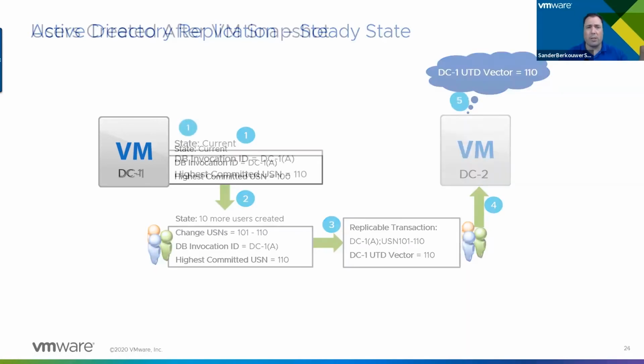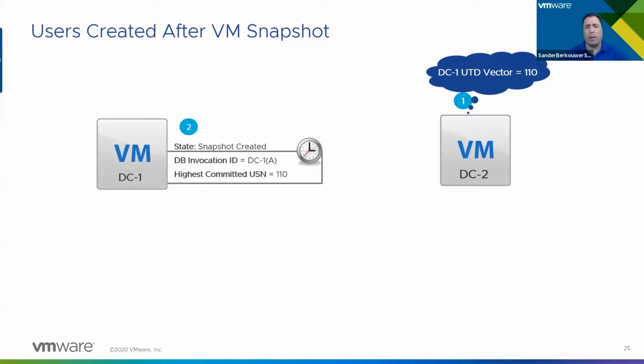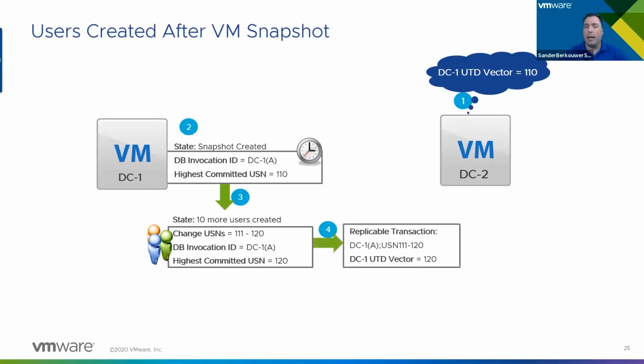We just create a snapshot, and now we create some more users, or we create some more things. So for instance, we create 10 more users. The USN changes to 120. We replicate, and DC2 knows that the last time it replicated, the up-to-dateness vector was 120. Now, what if we reverted back the snapshot on that domain controller?